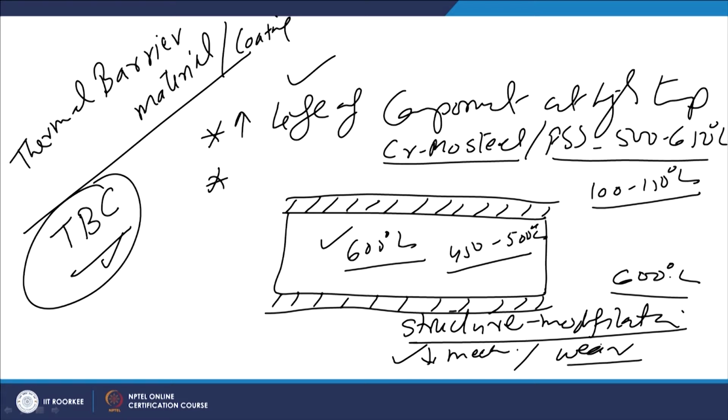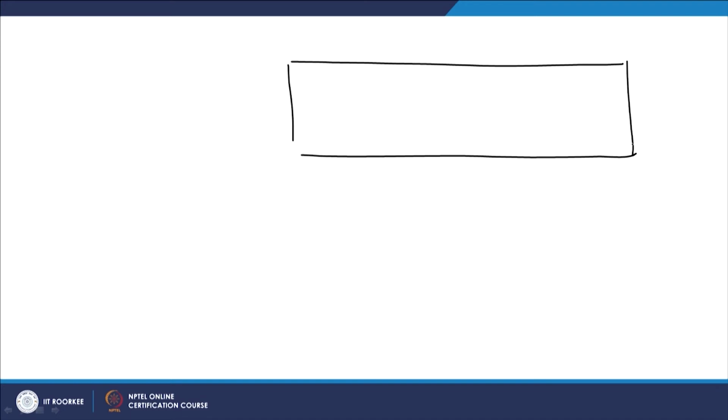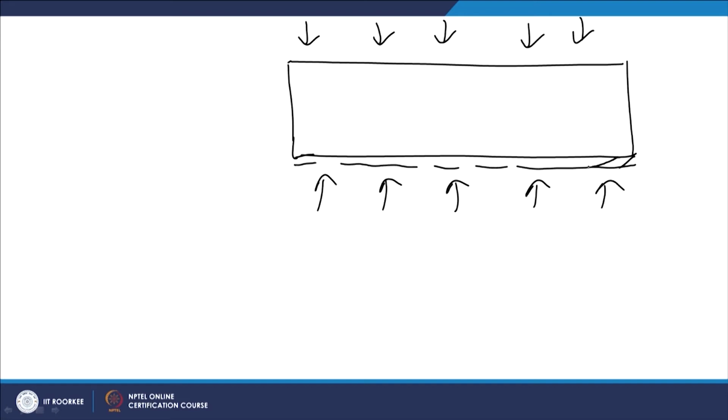There are certain properties which are needed in a material to work as a thermal barrier coating material. As I have said, despite the component being at a high temperature for long, the component temperature remains at a lower level, and this is facilitated by the reduction in the heat being transferred to the component.